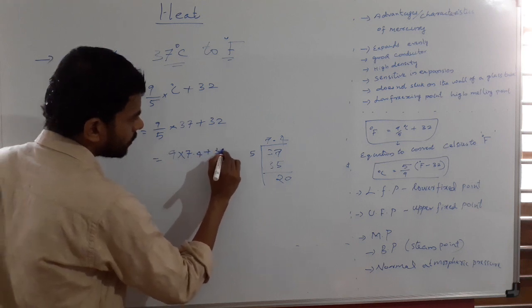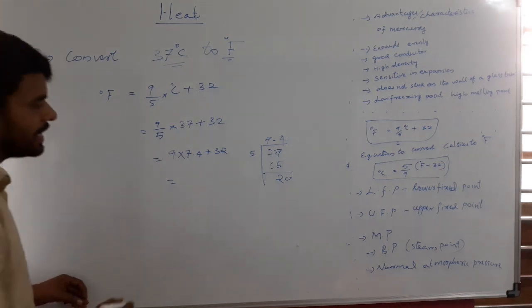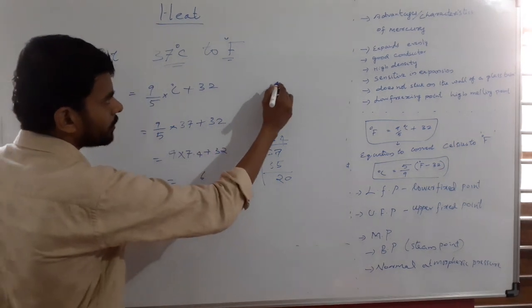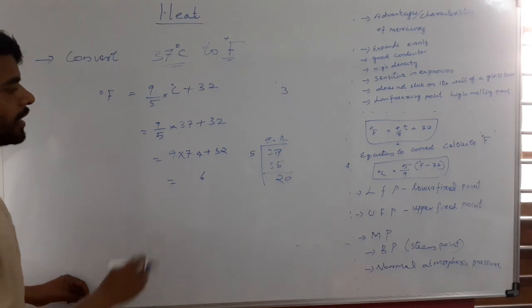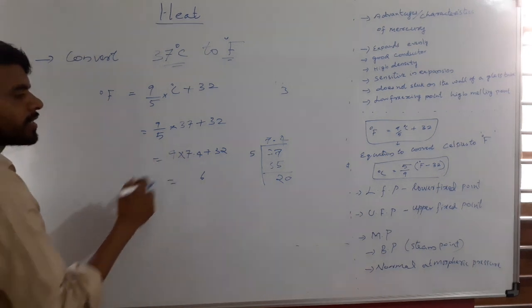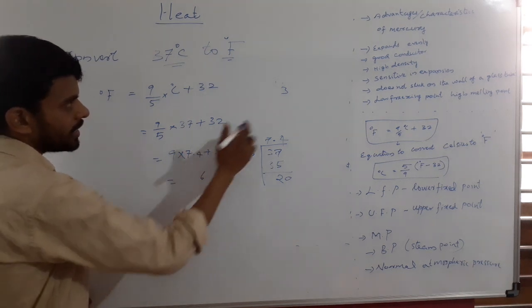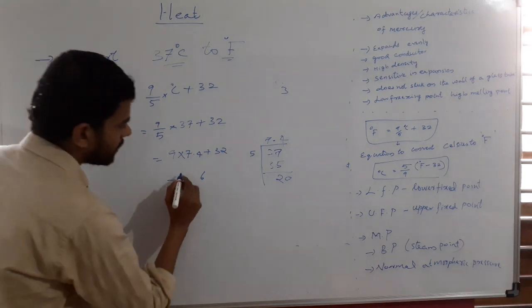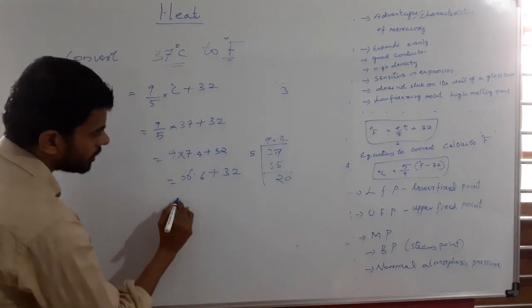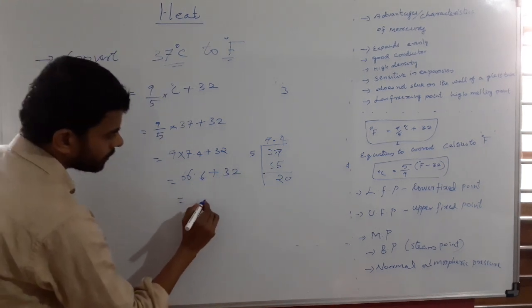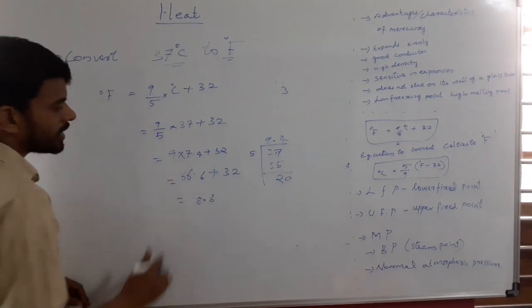So 9 into 7.4 plus 32. 9 fours are 36. Remaining, 3. 9 into 7, 7 nines are 63. So here 63 and here 3. So 66.6 plus 32. 2 plus 6 is 8. 3 plus 6 is 9.